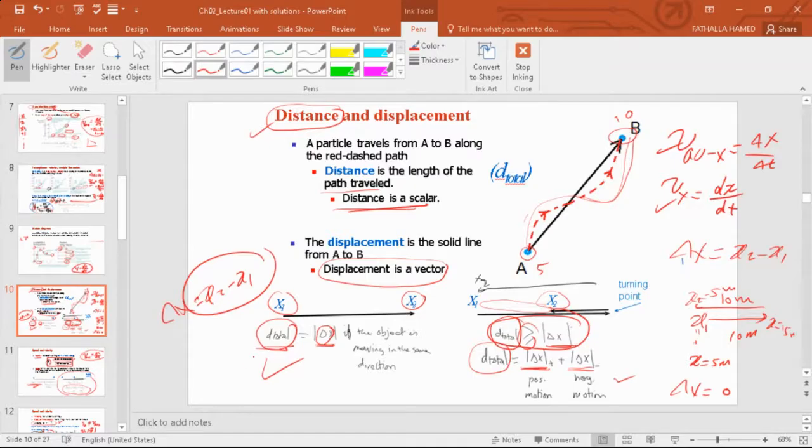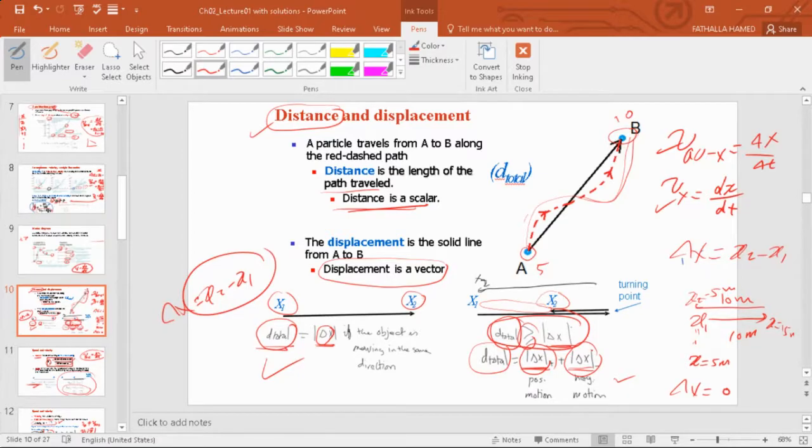This is the situation where the total distance is equal to the absolute value of delta x. But in a situation like this, your distance is greater than the absolute value of delta x. So you really have to consider the movement along the positive and the movement along the negative, and that will give you your total distance.